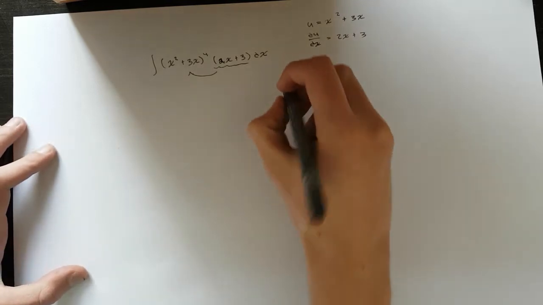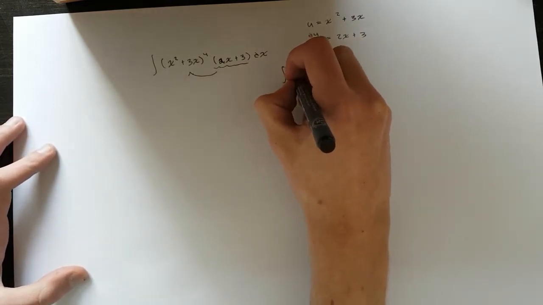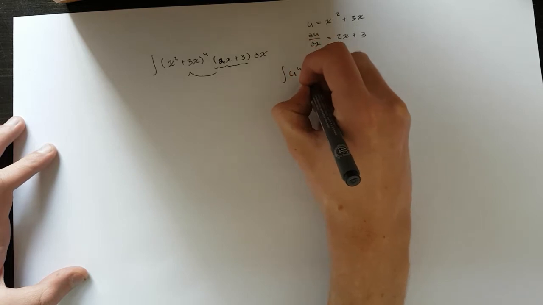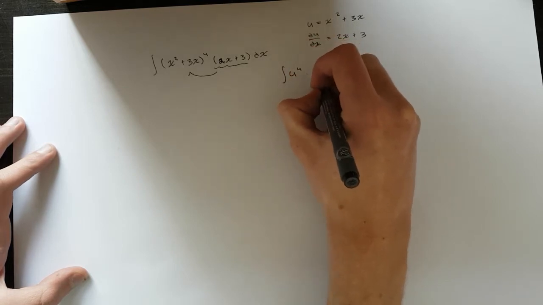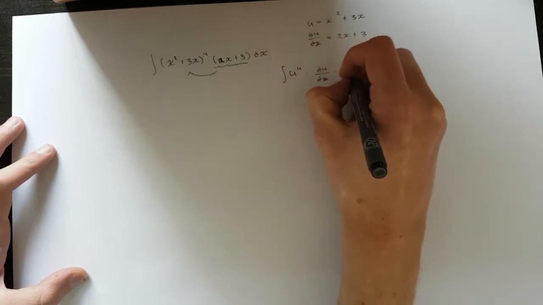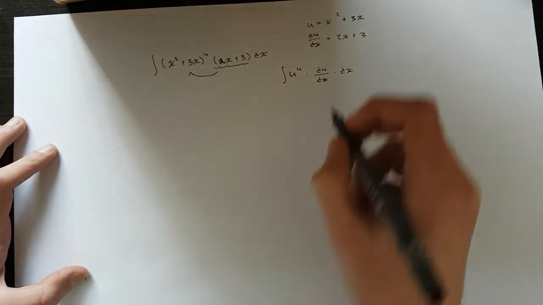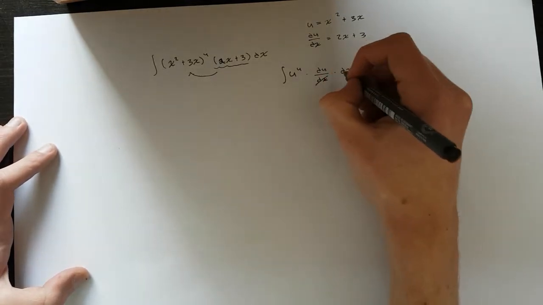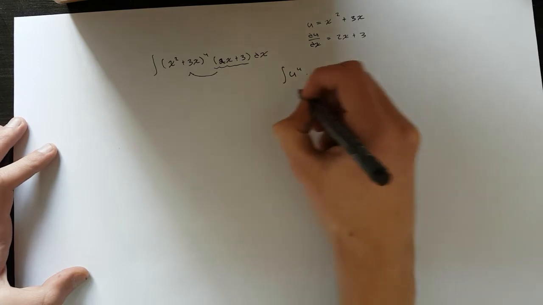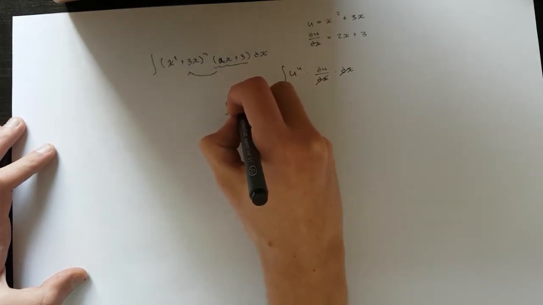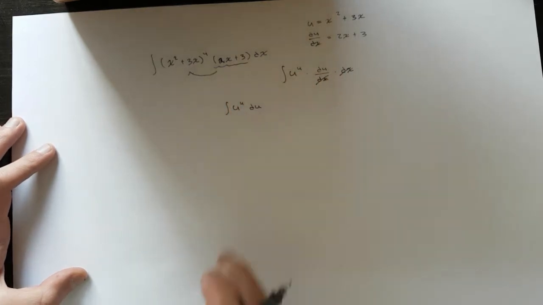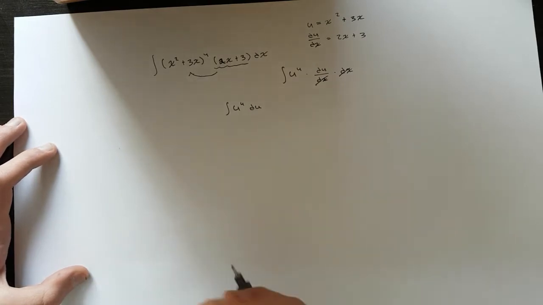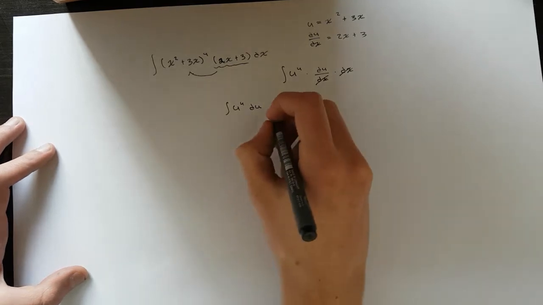So now this integral simplifies to the integral of u to the power of 4 times du/dx times dx. Now you can use algebra to cancel out the dx's, because now we have an integral with respect to u, and that's important because now we can actually integrate it. If it was still with respect to x, it wouldn't give us anything useful.